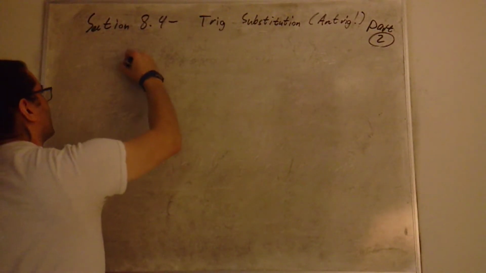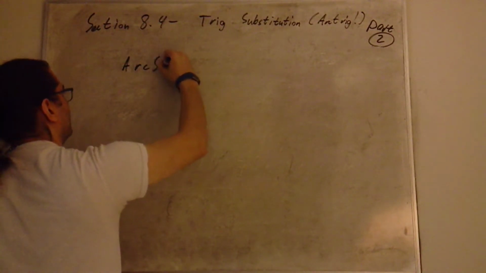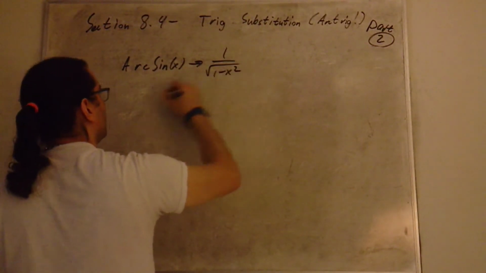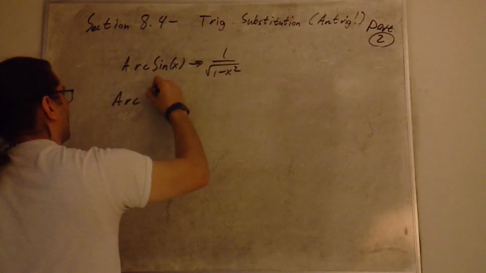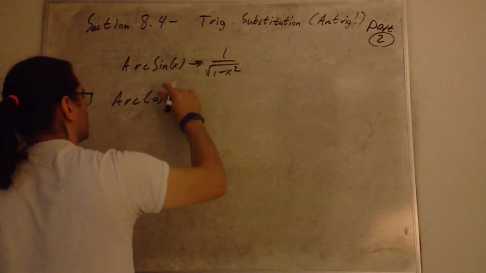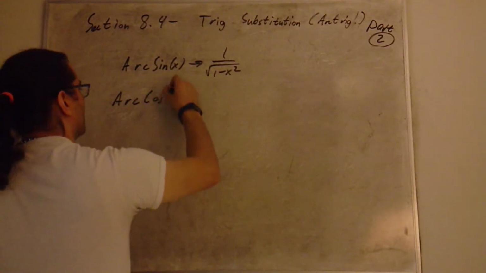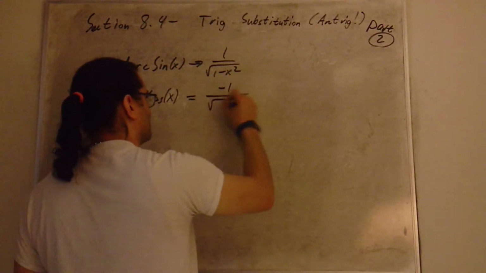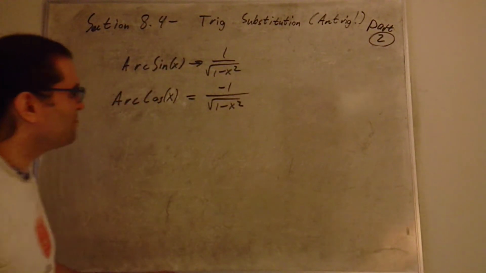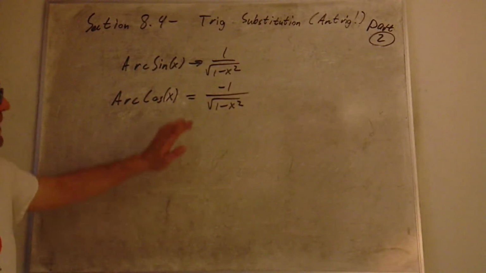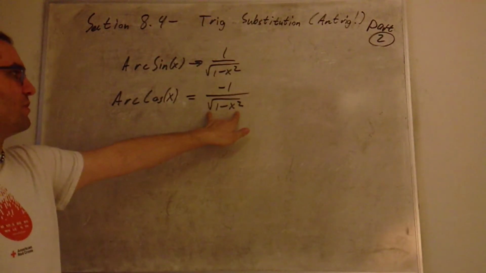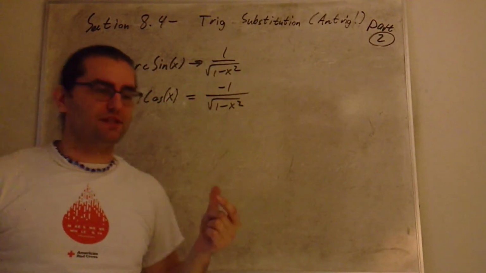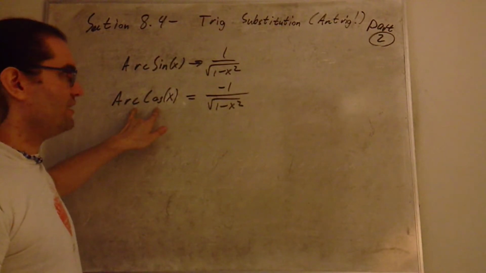Remember when we did calculus, we said that the derivative of the arcsine of x is 1 over the square root of 1 minus x squared, and that the derivative of the arc cosine of x, not theta, is negative 1 over the square root of 1 minus x squared. They're basically exactly the same. So, if you see an integral with this in it, the weird bit is, we're not going to call that an arccosine.